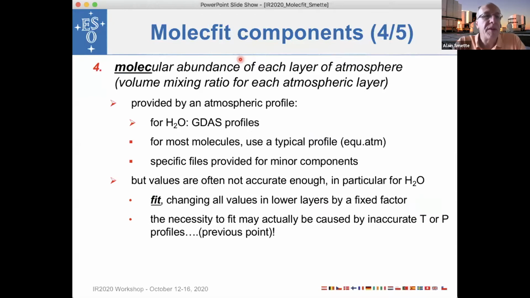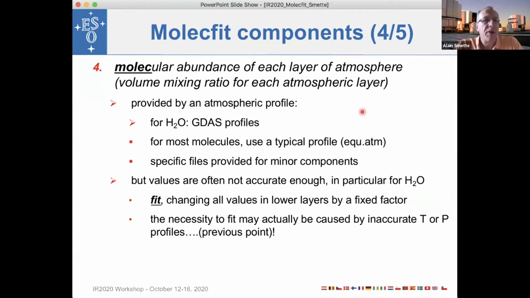Another component is, of course, the abundance of each molecule in each layer of the atmosphere, so exactly the volume mixing ratio, which is typically provided by an atmospheric profile. In the case of Molecfit, we use the GDAS profile for water vapor, but for the other molecules, we have typical profiles.